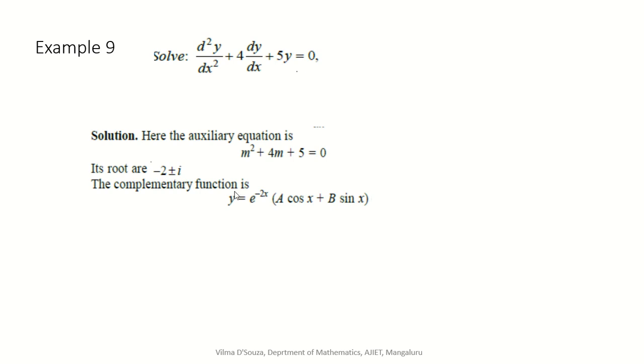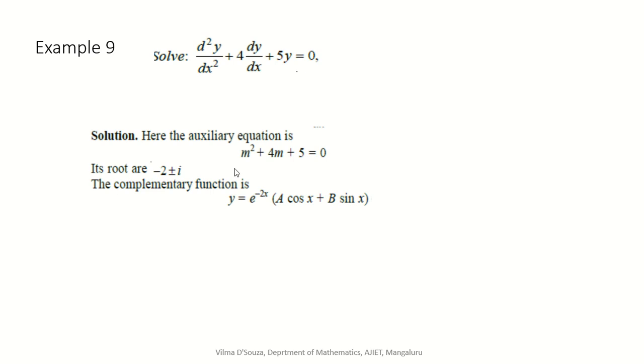So how do you write down the complementary function? This is of the form a plus or minus ib. What is a? Minus 2. b is 1, you can go back and see the table. If the root is a plus or minus ib, what is your complementary function?